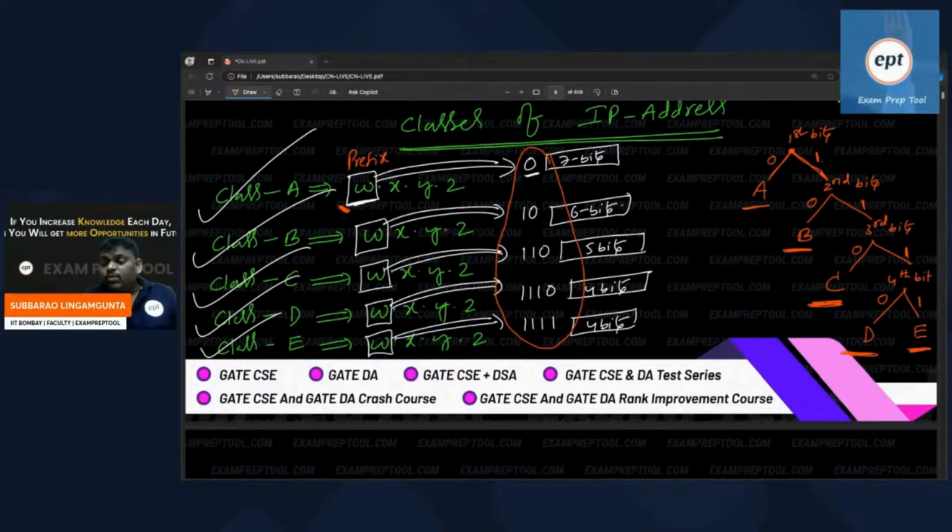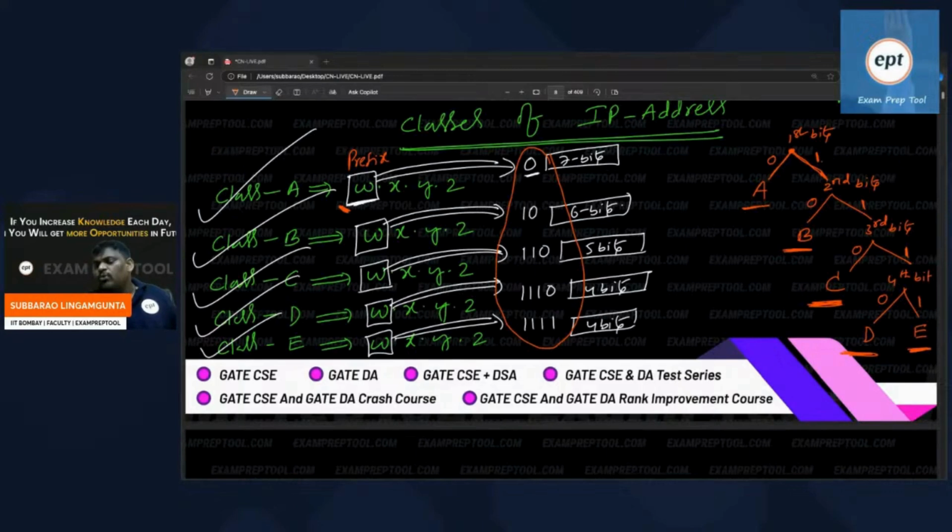You may ask, sir, why are you dividing? Managing 4G IP addresses is very difficult, so let's divide them into classes. How do we recognize the classes? By seeing the prefix, meaning the first octet, where only the initial bits are required.